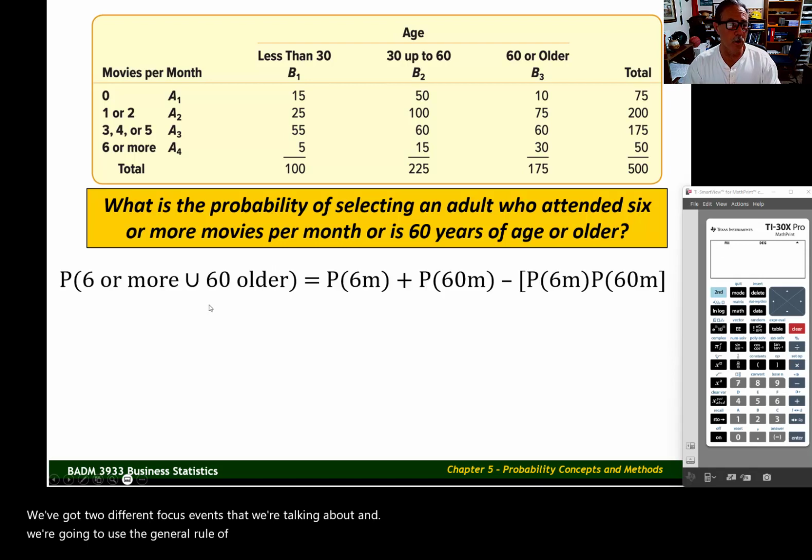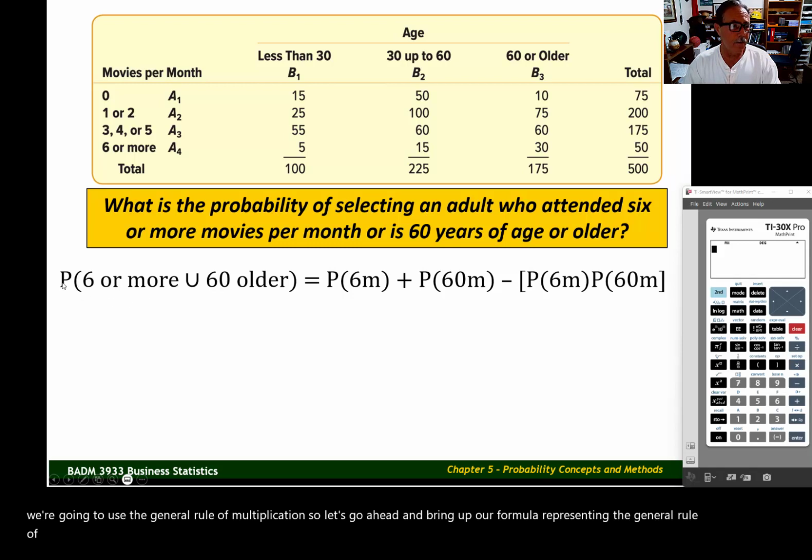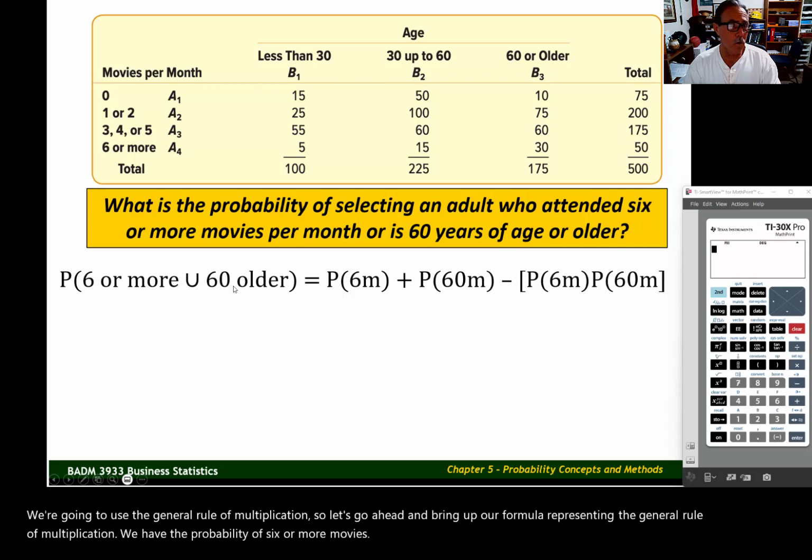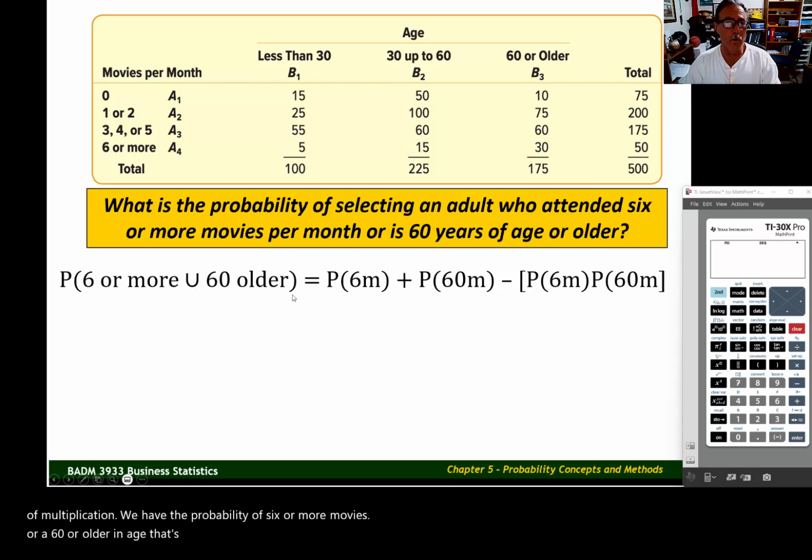So let's bring up our formula. We have the probability of 6 or more movies or 60 or older in age. That's what we're focused on here. So it's going to be the probability of 6 or more movies plus the probability of 60 years old or older.